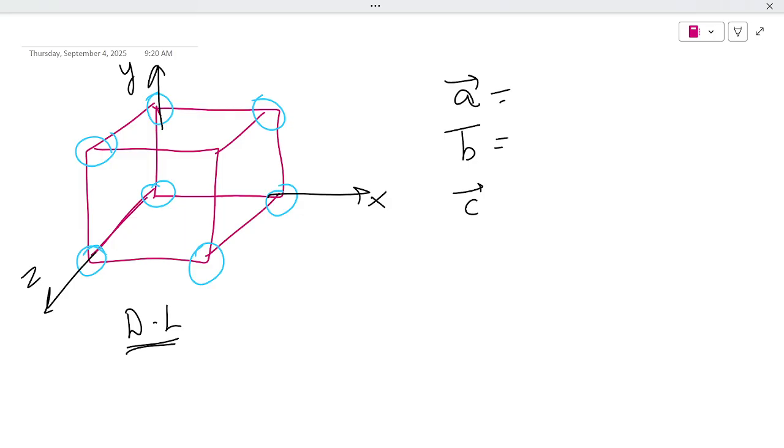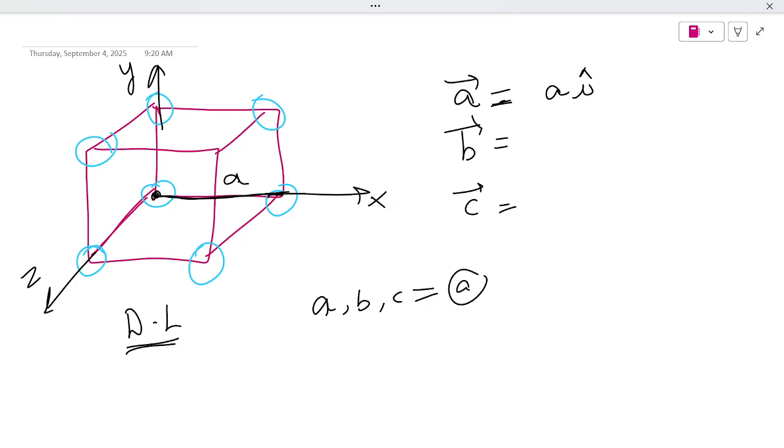See, as we are considering the simple cubic, here A, B and C will all be equal to, let's say, A. They all will have equal values. So A vector, this is my origin. Along the x-axis I have to move A, and A vector will come out to be equal to A i cap.